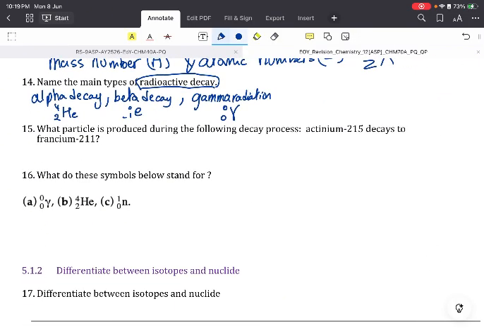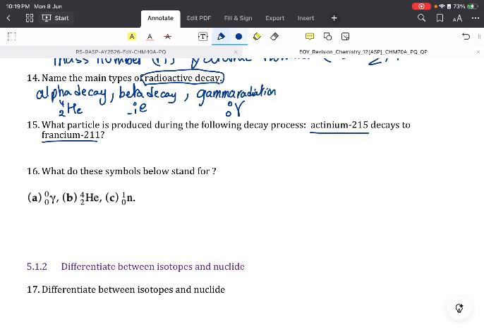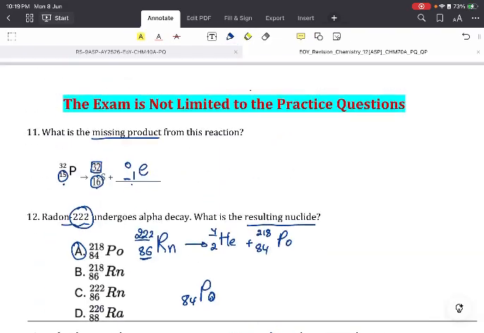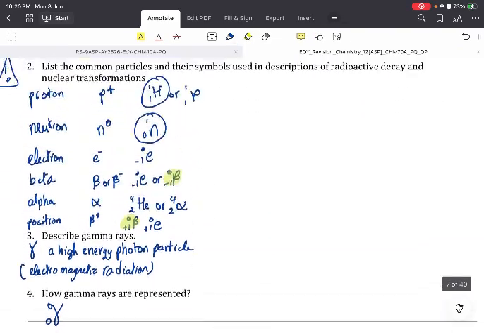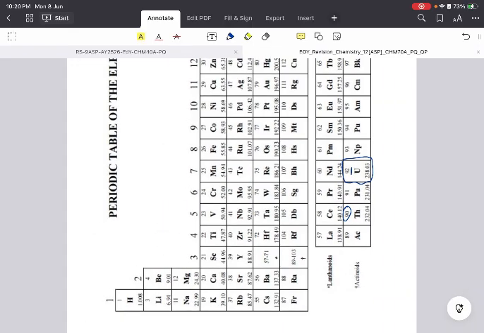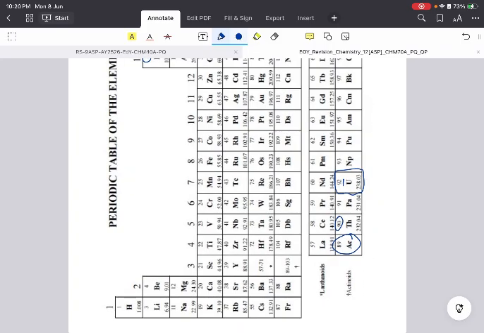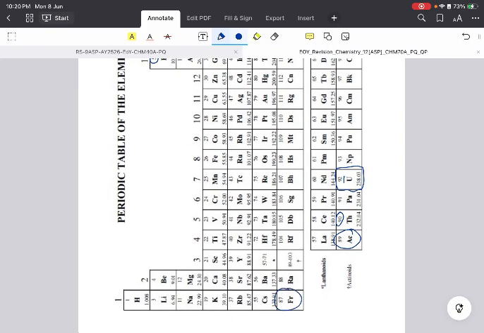What particle is produced during the following decay process? I have actinium 215 decays into francium 211. Now actinium in the periodic table is AC 215, and it's going into francium 211. Now let's go to the periodic table to get the atomic number of actinium. Here's actinium. This is the one, 89, and the francium is Fr 87.